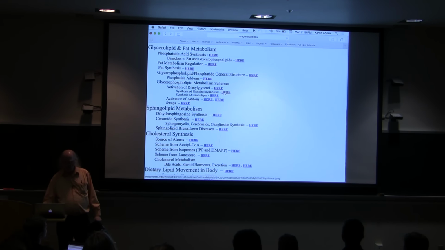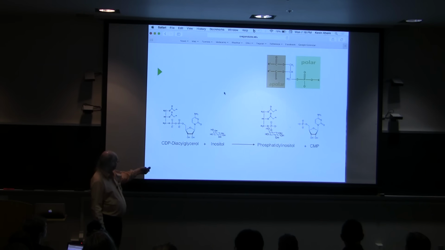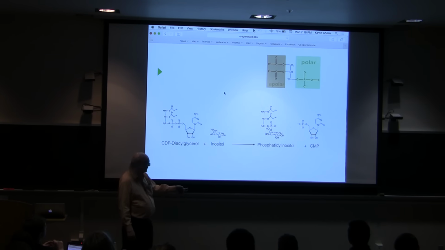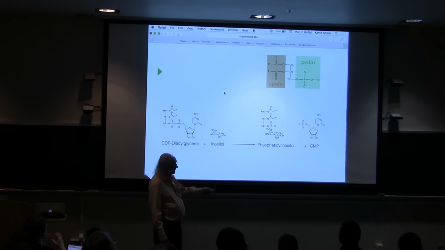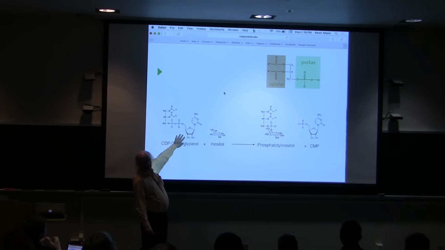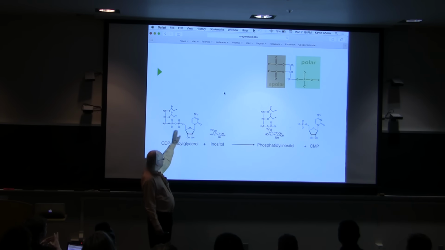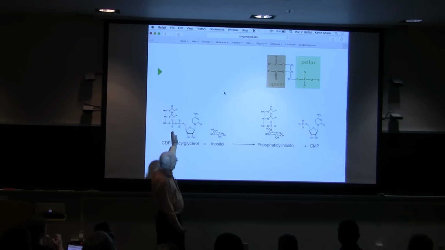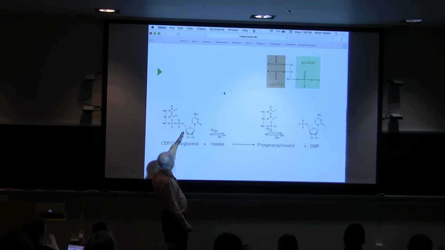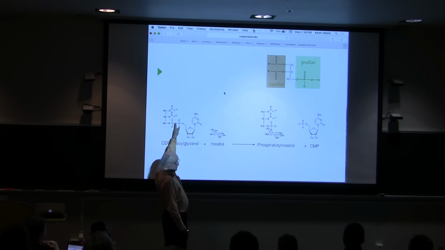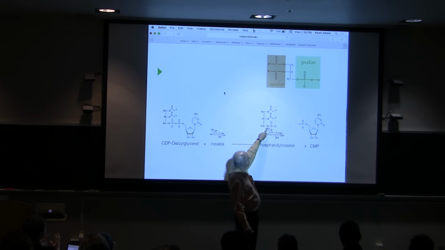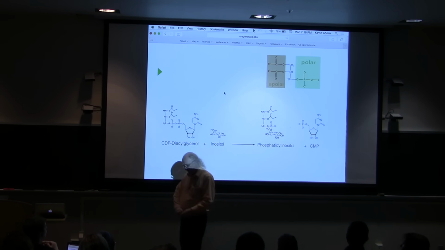If you have that structure, then you can take that CDP diacylglycerol, you can add an inositol to it, and you get phosphatidyl inositol, and you split out a CMP. This guy's an activated intermediate. Activated intermediates donate energy to add a part of themselves onto something else. So the energy is right here. You break that bond. The part that you donate is this part, and you see that they end up being joined through that phosphate.